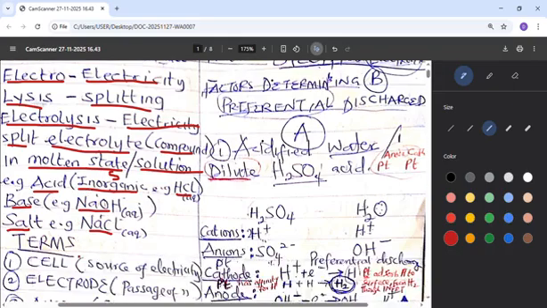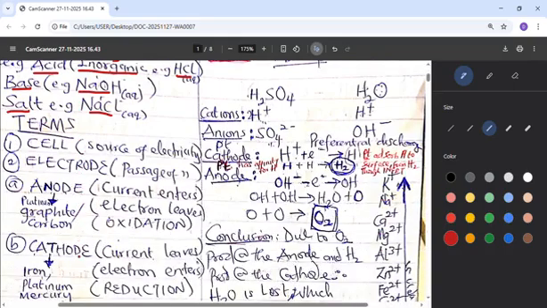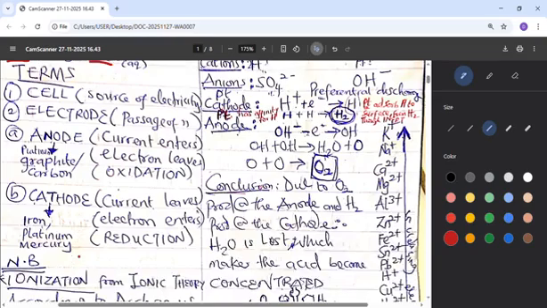Now there are some terms we'll be looking at as we consider this topic, electrolysis. The first one is cell. Once you hear cell, that's the source of electricity. And another one is electrode. Electrode is the passage of electricity. Then anode, from the letter N. N is for enter, that means where the current will enter.